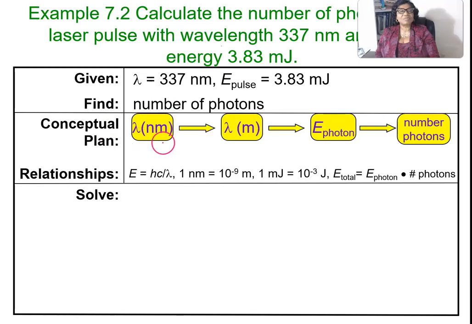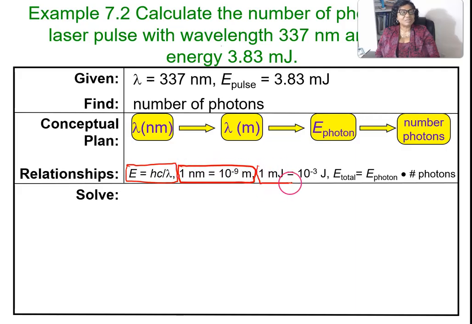So we have to take the wavelength in nanometers and convert it to meters. First find the energy of one photon, then find the number of photons. So this is our equation to find energy. This is our conversion factor between nanometers and meters.